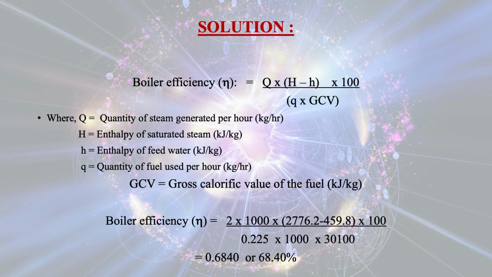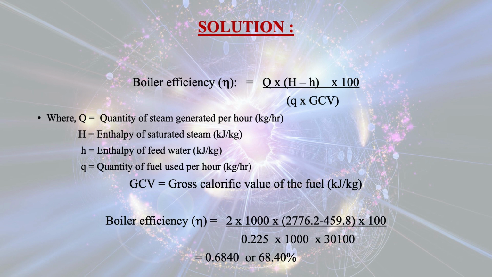Now boiler efficiency is equal to 2 into 1000 (2776.2 minus 459.8) multiplied by 100, divided by 0.225 multiplied by 1000 multiplied by 30100.